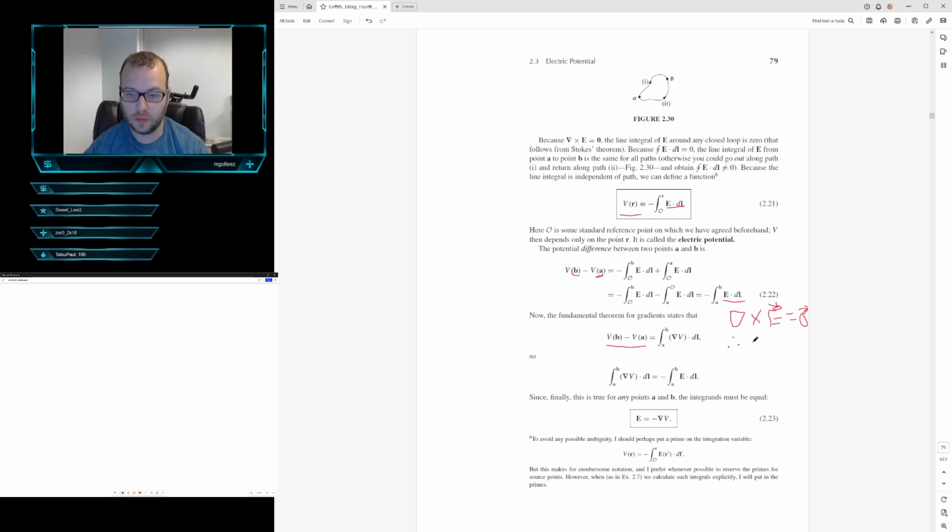Therefore, E equals some potential V. So we have that.